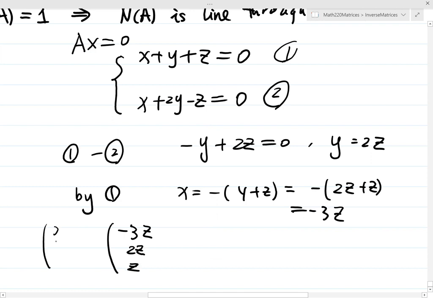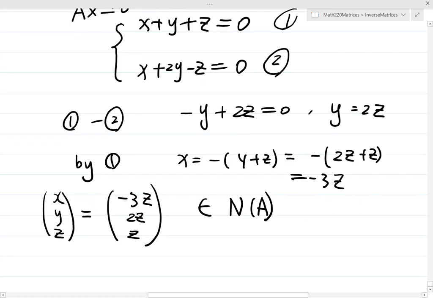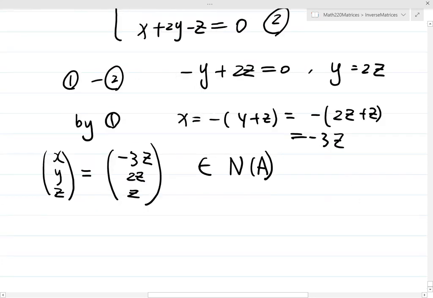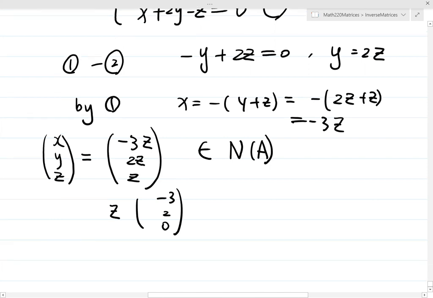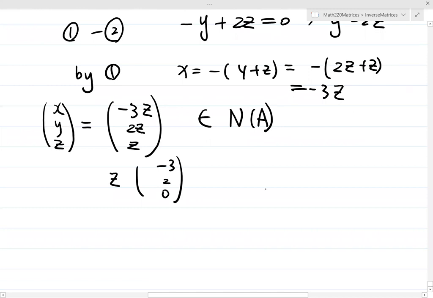So this is the null space of A. The null space is spanned by a multiple of this direction, negative 3, 2, 1. So we have a direction vector negative 3, 2, 1. So this is indeed a line.